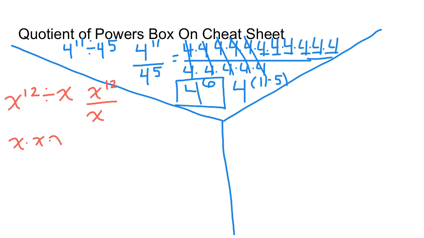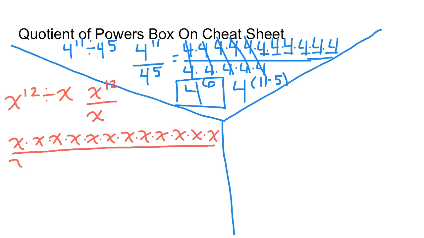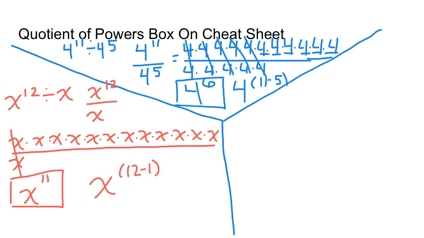But there's only one x in the denominator. I'm going to cancel like top and bottom items, and that leaves me with x being repeated 11 times in the numerator. I could have simply used my rule, keep the base, subtract the exponents, to get the same answer.